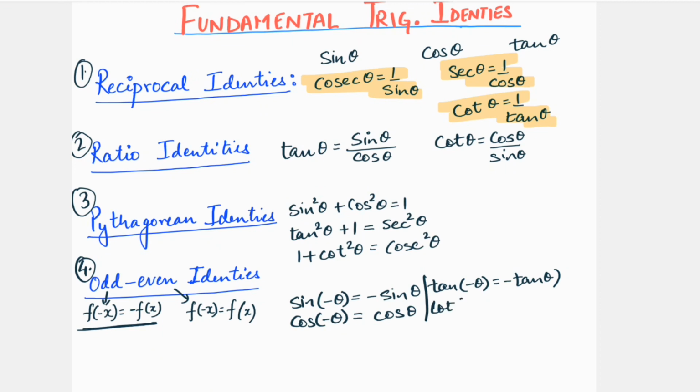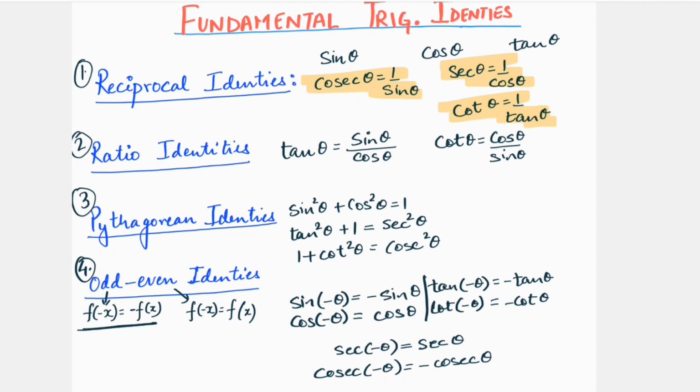And cot of minus theta also gives us minus cot theta, so both of these are odd identities. Now sec of minus theta equals sec theta, so that is an even identity. And cosec of minus theta equals minus cosec theta, and that is an odd identity.